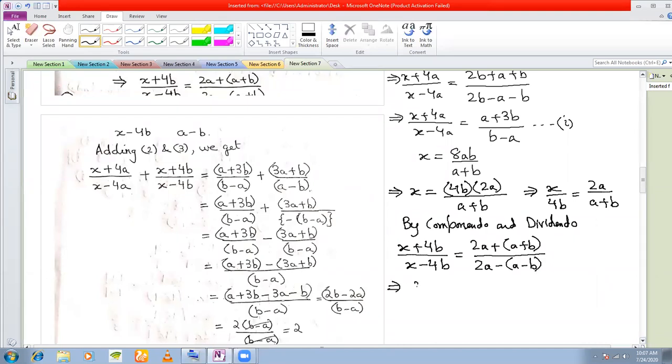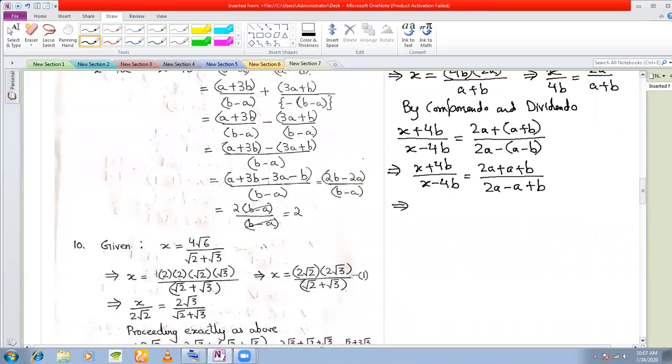That means x plus 4b by x minus 4b is equal to 3a plus b by a minus b.